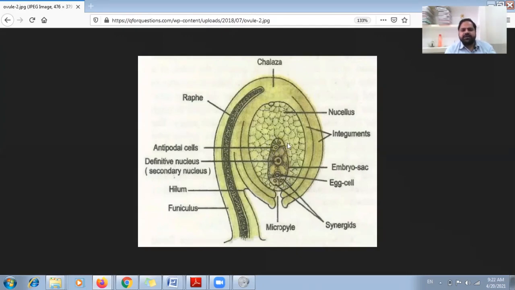Towards the chalaza end, there are a total of three cells, which are called antipodal cells. And here we can see there is a secondary nucleus or polar nuclei, and this structure is called embryo sac. So this is the whole structure of the ovule where fertilization takes place, and after the fertilization this egg will develop into the embryo, and the ovule will develop into the seed.